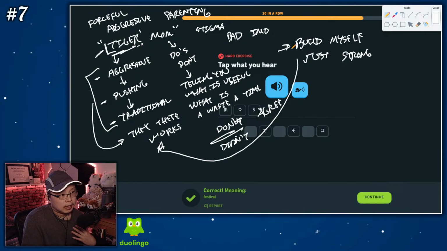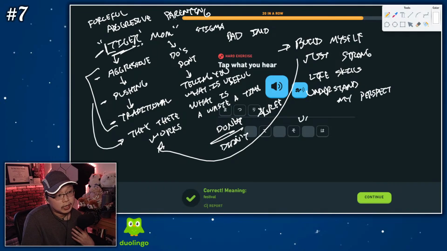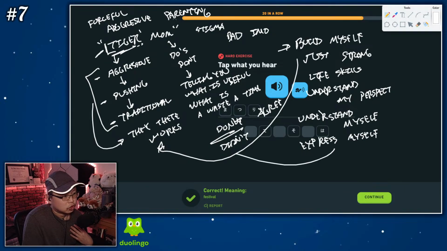It told me that I had to build myself up. I need to learn life skills, understand my parents' perspective, understand myself well enough, and then express myself in a way that I can challenge them.